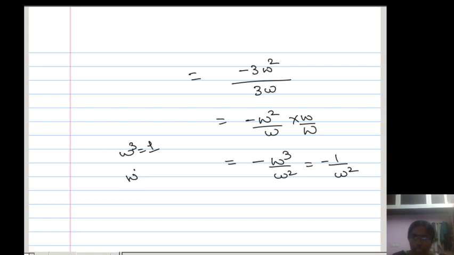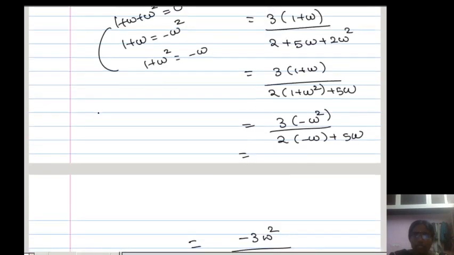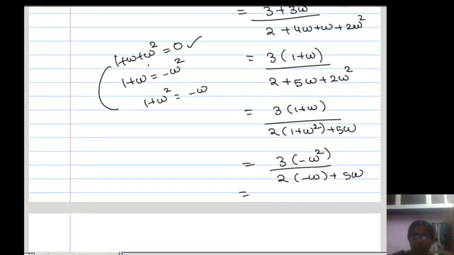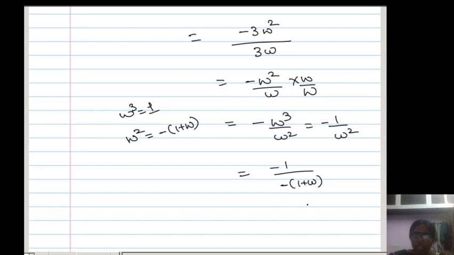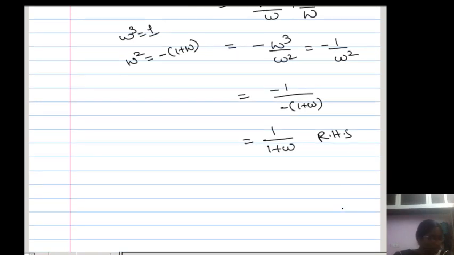Since 1 plus omega plus omega square equals 0, omega power 2 is minus of (1 plus omega). Substituting, minus into minus gives plus, so we get 1 by (1 plus omega). This is our required RHS. So if you take LHS, we proved our RHS.